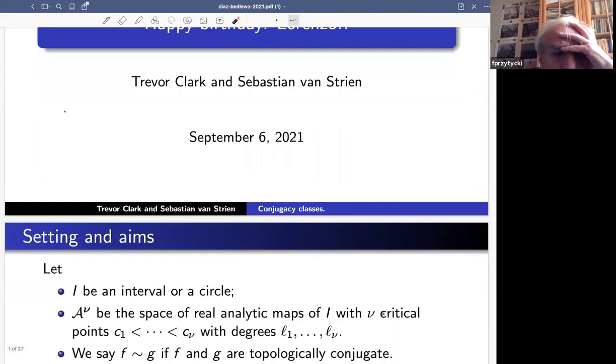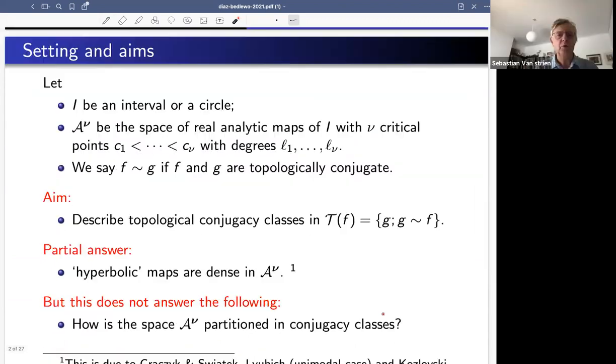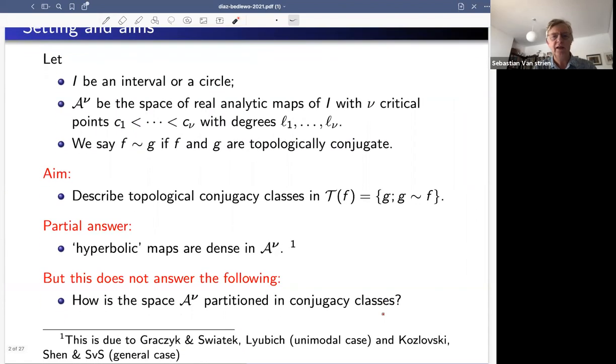Yes. Okay, good. So the problem I'm looking at is interval maps. Well, I've done that before, as you all know. So I'm looking at interval maps or circle maps, and I want to really look at the entire space of such objects. So that is the space of real analytic interval maps with a finite number of critical points, and they all have a degree, which I denote like this.